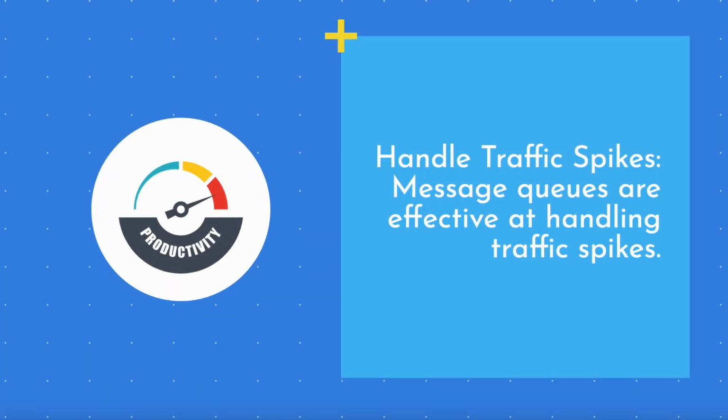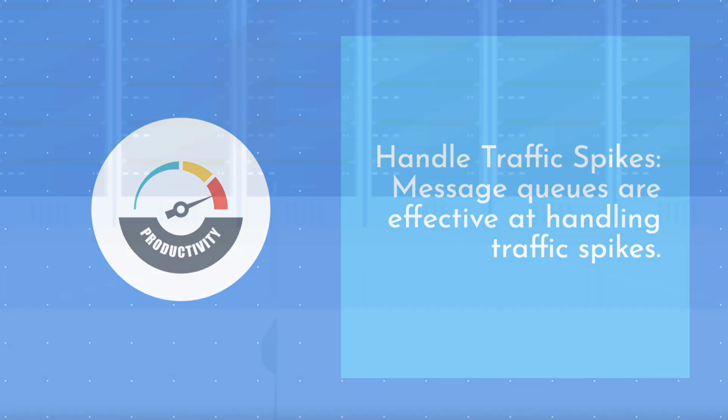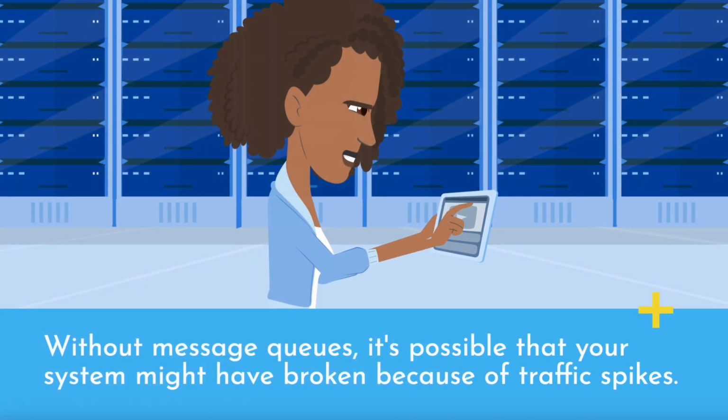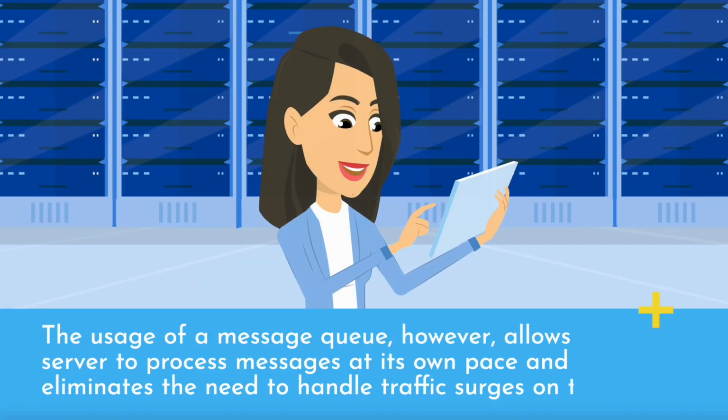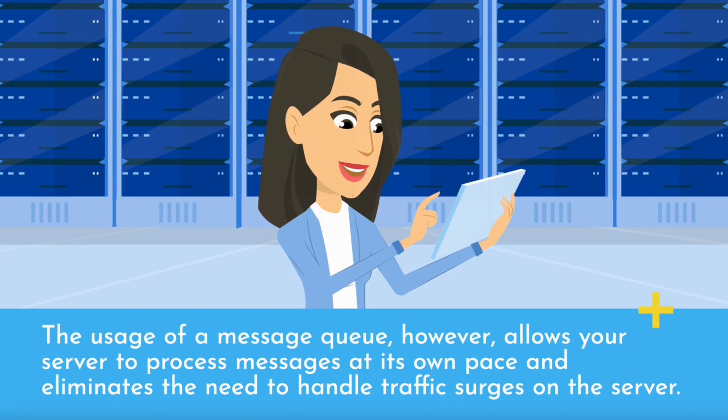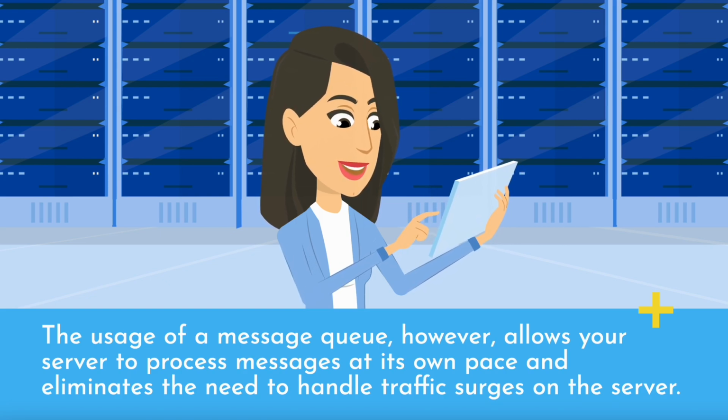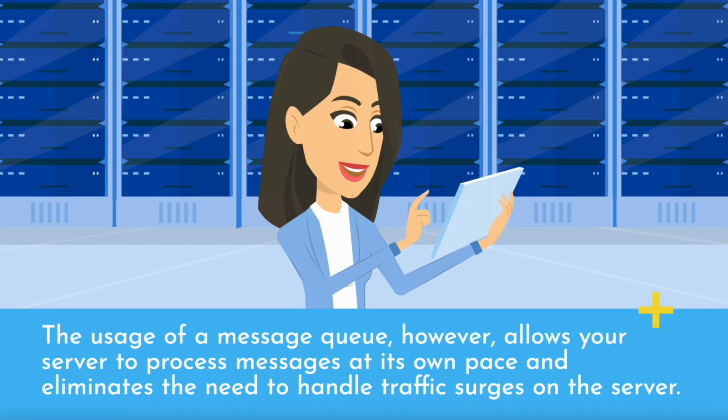Handle traffic spikes. Message queues are effective at handling traffic spikes. Without message queues, it's possible that your system might have broken because of traffic spikes. This would result in the loss of the messages. The usage of a message queue, however, allows your server to process messages at its own pace and eliminates the need to handle traffic surges on the server.